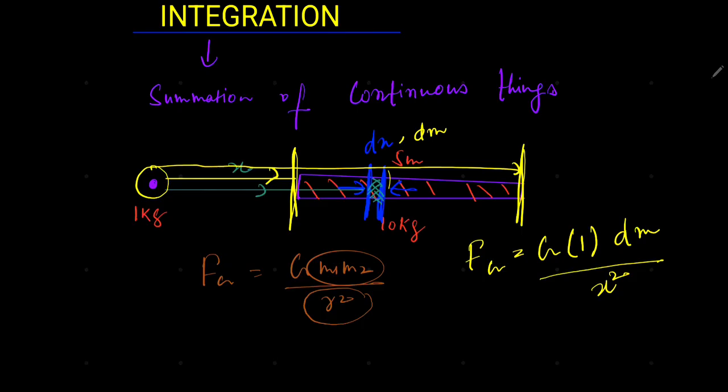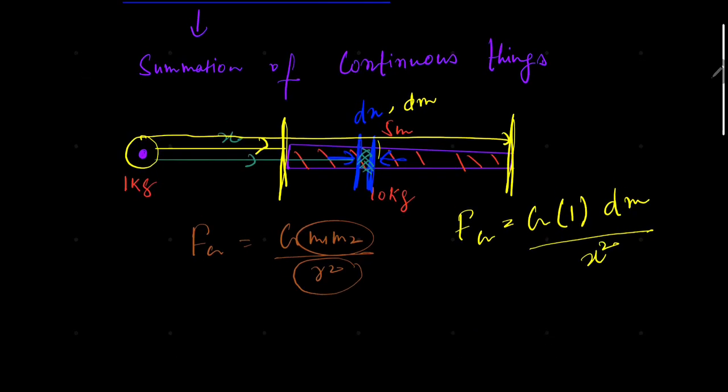So when you try to figure out each G into 1 into dm upon x square, and you have to add every element, every force, to get the total force acting on the rod, which is not possible with the help of simple summation, since simple summation does not have any method to calculate addition of an infinite number of elements.